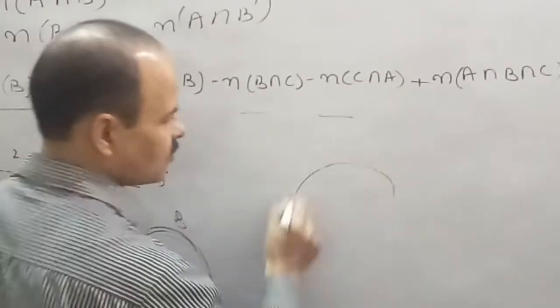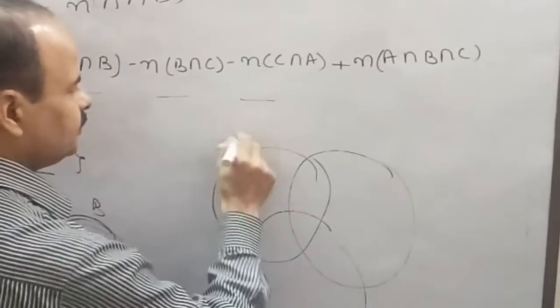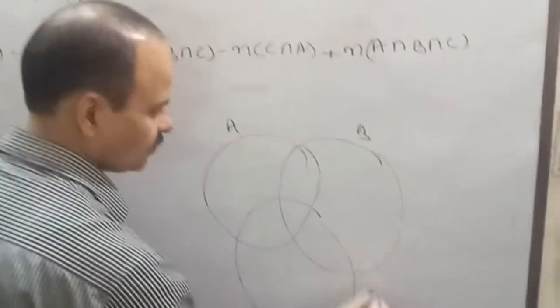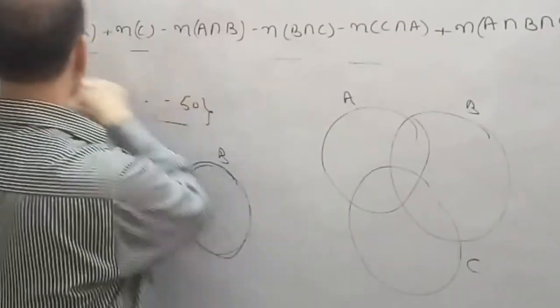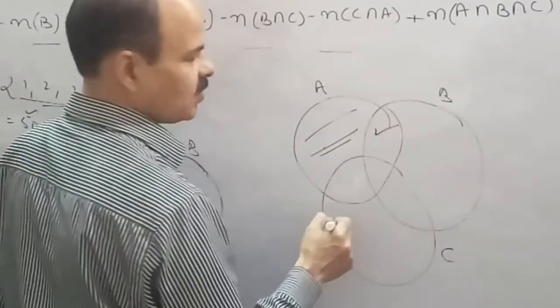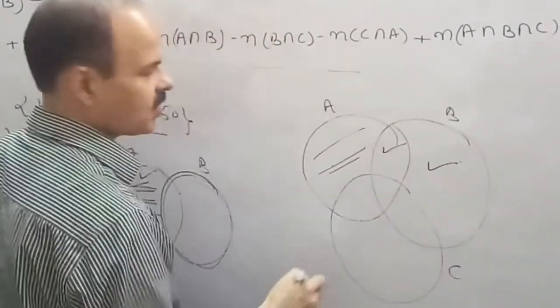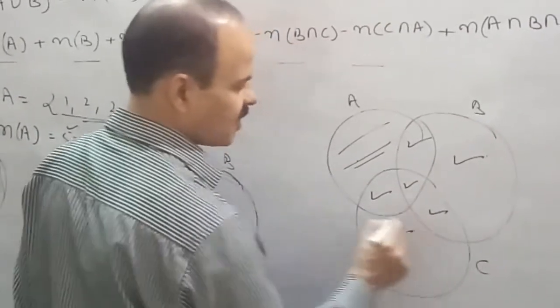In the Venn diagram, suppose you are getting three sets A, B, C. For n(A union B union C), this portion will be counted, this portion will be counted, this portion, this part, this part, and this part will be counted.